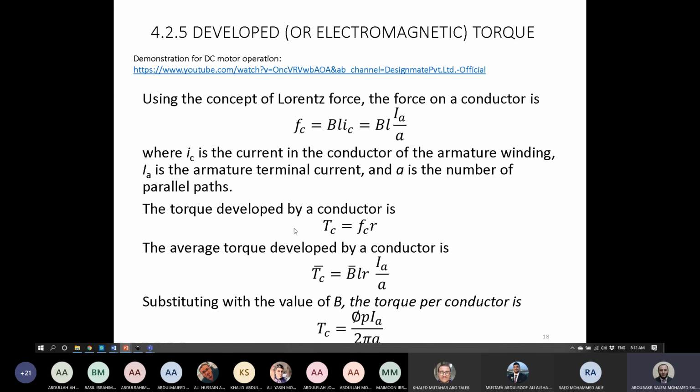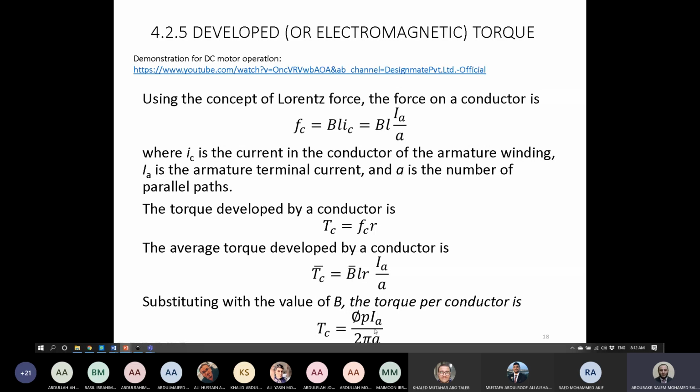How can we calculate it? Torque equals force multiplied by R, and force equals B L I_A over the number of parallel paths A. So F multiplied by R will be the flux density multiplied by the length of the conductor, multiplied by the radius of the rotor, multiplied by the armature current over the number of parallel paths. If we substitute the relation, we can get a relation.